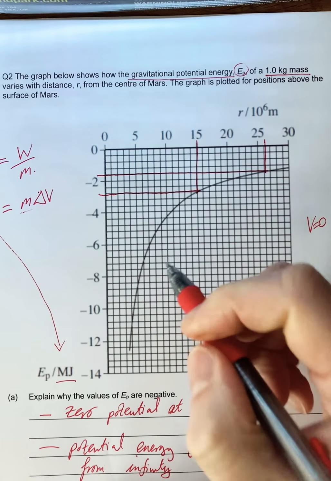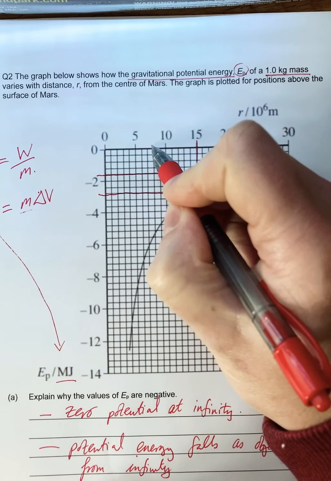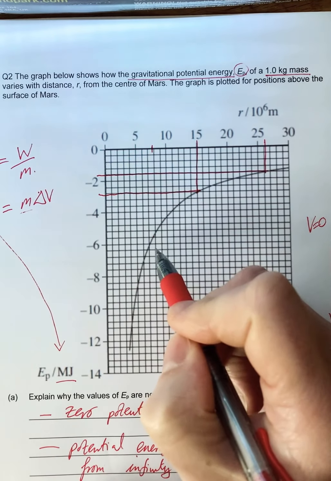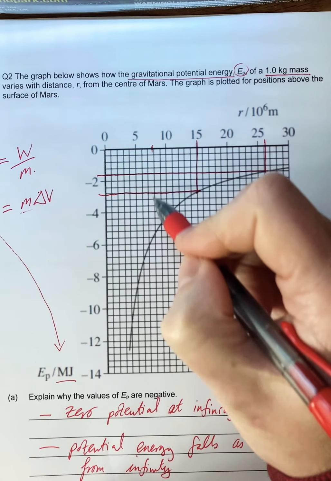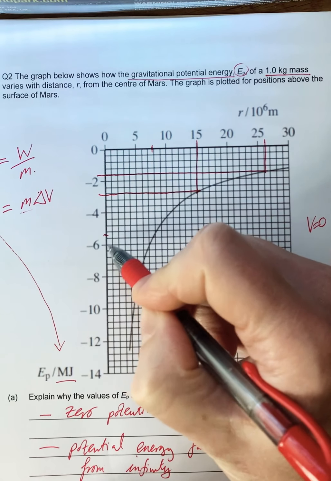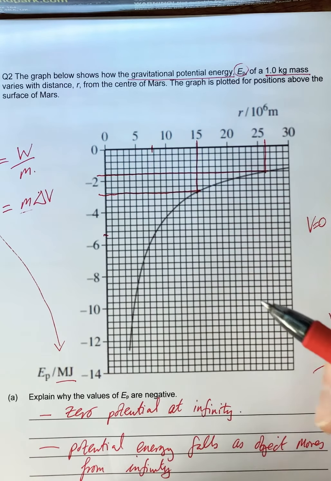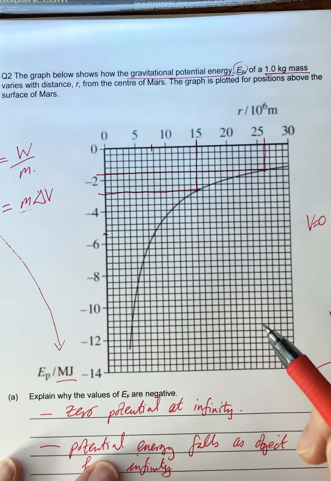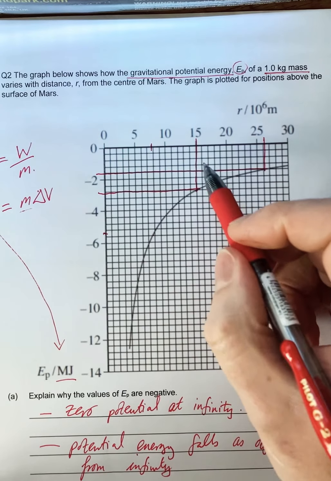It makes it easier than picking a point, say here, where you're having to read off in between those squares. So you're guessing again, making an estimate of what the value should be. Whereas here, it's quite clearly on the line, or as close to as it looks.